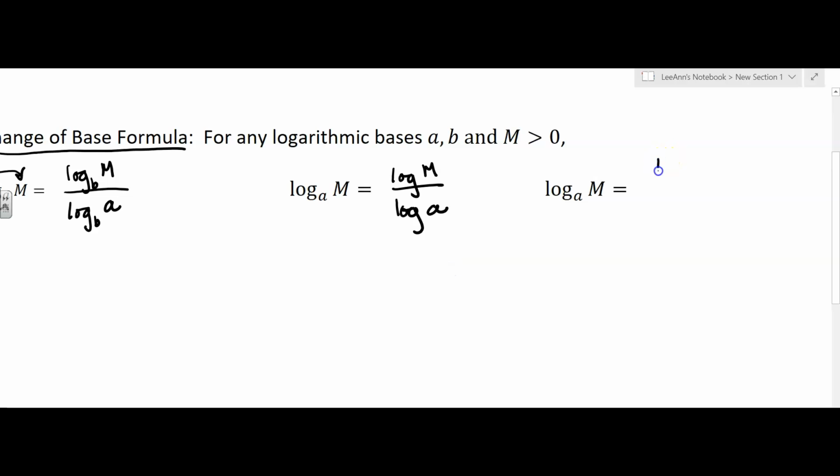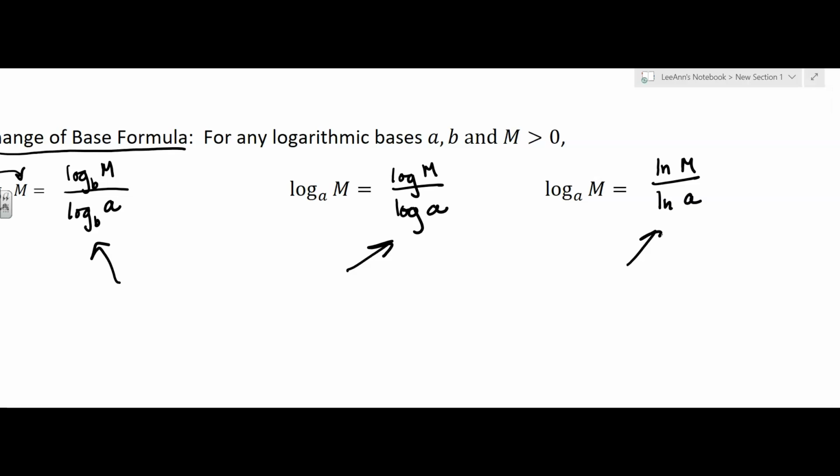So in that case, it would be ln of m over ln of a, okay? So those are different ways you can change the base of your logarithm. This first one can be any base you want. But a lot of times we either want to use a common log or a natural log. And it doesn't matter for the value which one you use. You could put them in both.